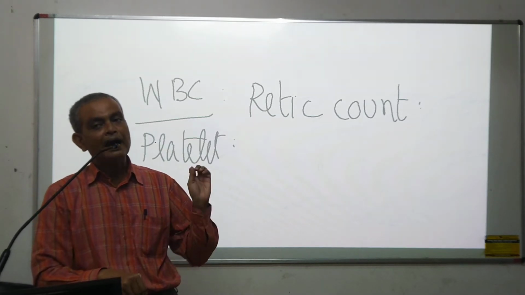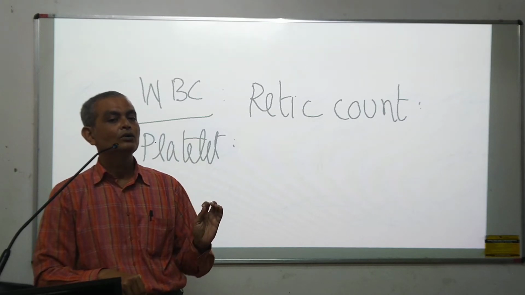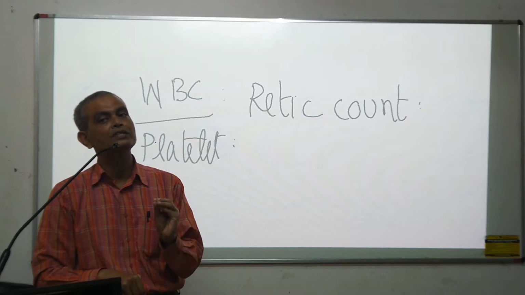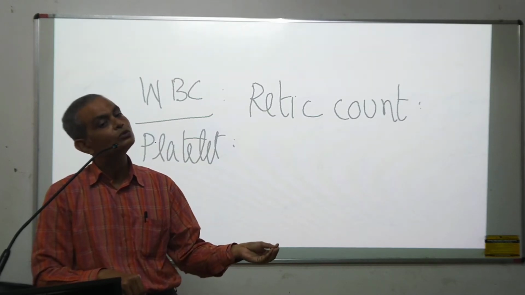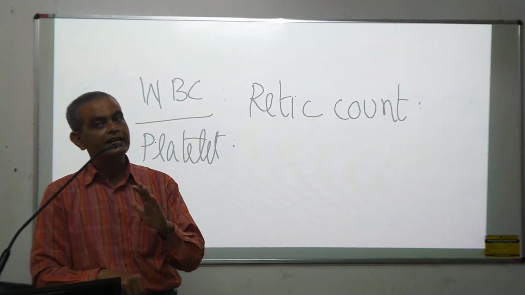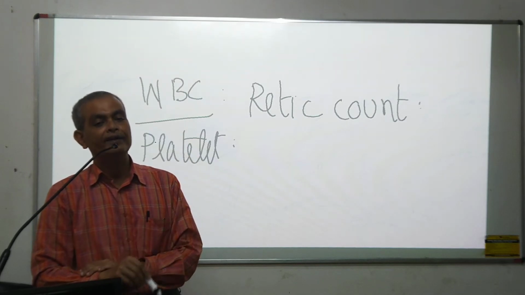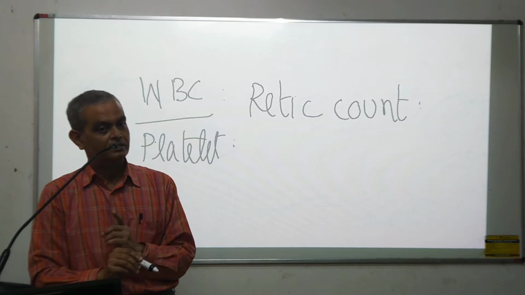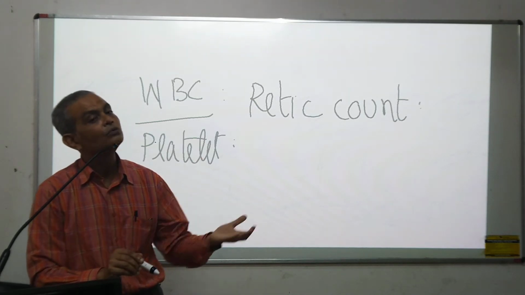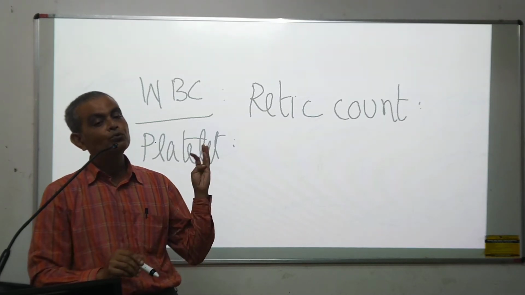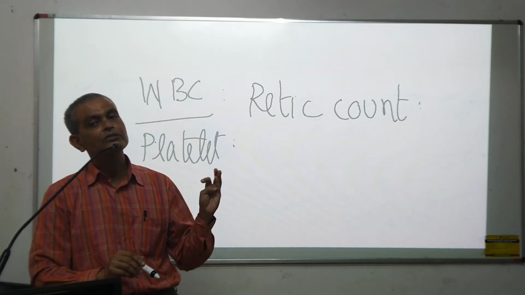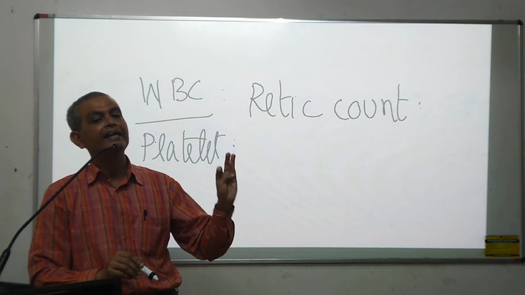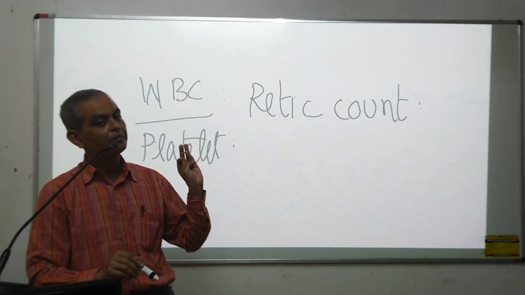That is, per 100 RBC, 1.5 to 2.5 reticulocytes or immature RBCs will be present. By doing reticulocyte count, if it is more than 2.5, then we call it reticulocytosis. So there will be reticulocytosis. So again the full-blown picture will be anisocytosis, poikilocytosis, normoblastemia and reticulocytosis. This is the typical picture.